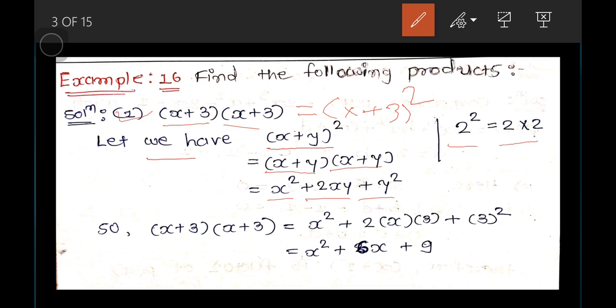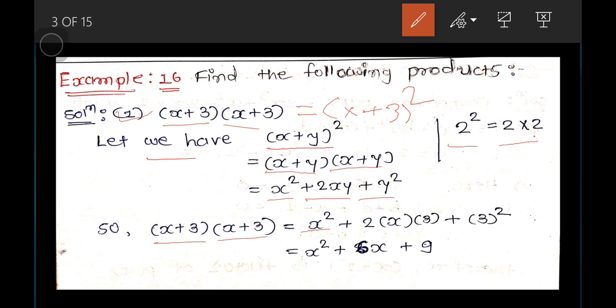So let us consider x plus 3 into x plus 3, and multiply as per the identity. The first term is x square.